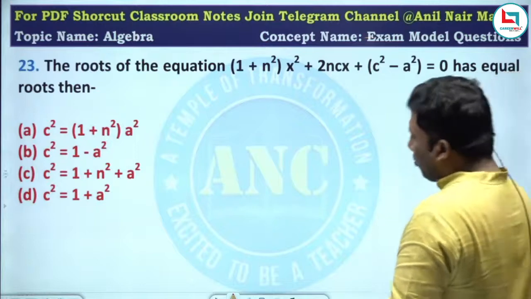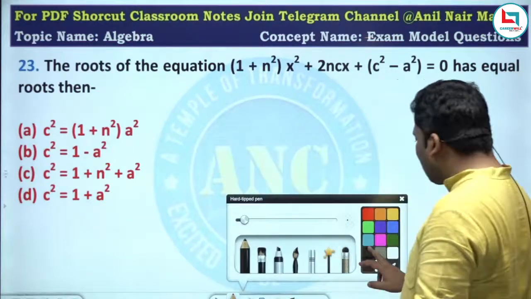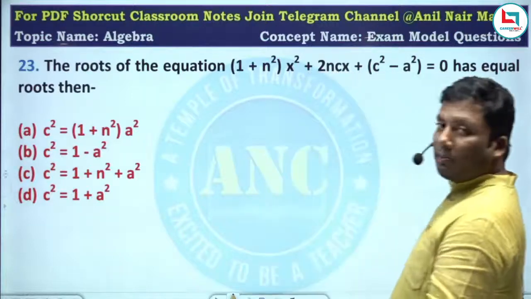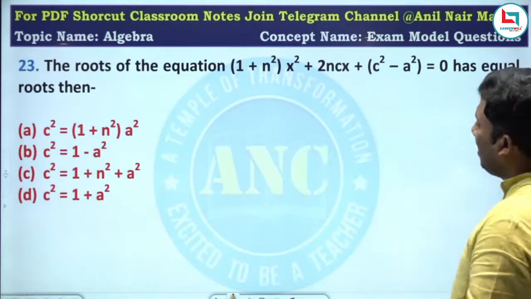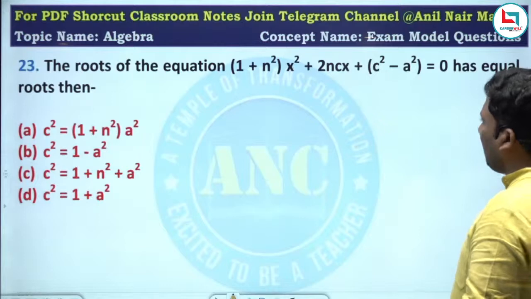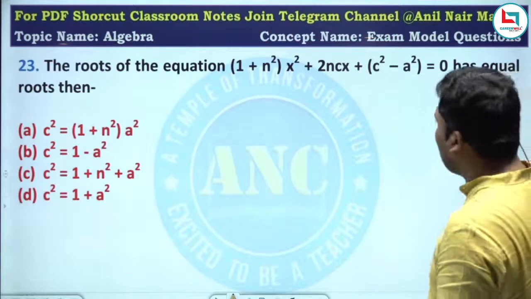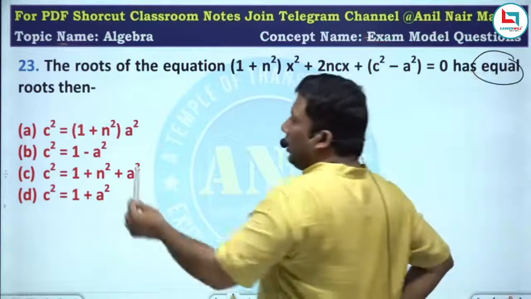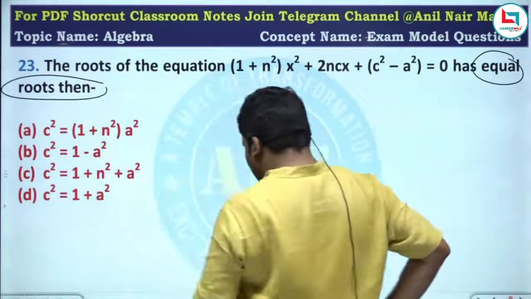Next one, the roots of the equation. Read the question, you will get the idea. The roots of the equation (1 plus n square) x square plus 2ncx plus c square minus a square equals 0 are equal. When will a quadratic equation have equal roots?